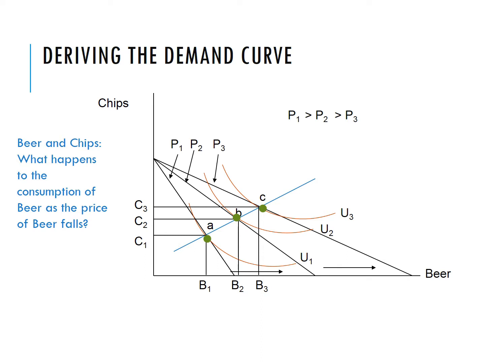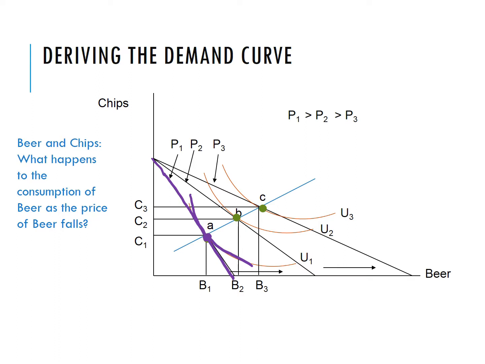So, in this picture, we have three budget constraints, three indifference curves. We're starting out at point A. So, we're starting out on this budget constraint, and point A is the utility maximizing choice. Then, the price of beer falls.